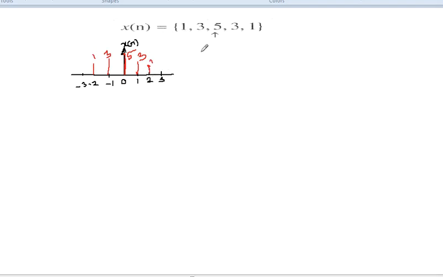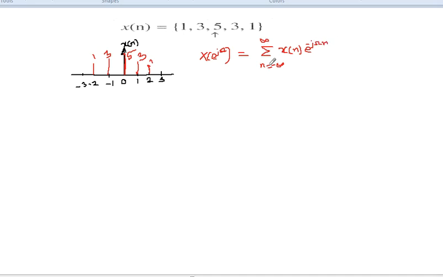Then the value of X of e raised to j omega is equal to the summation, n from -infinity to +infinity, x of n e raised to minus j omega n.